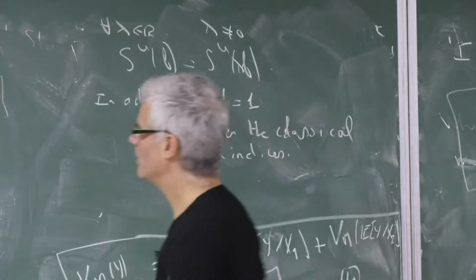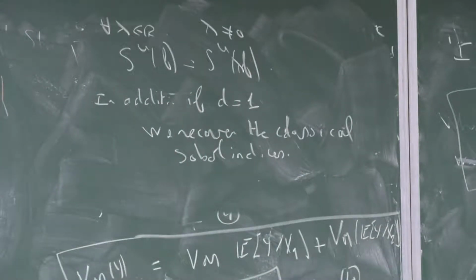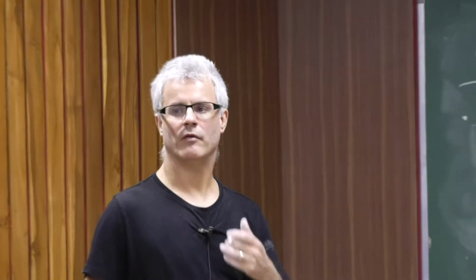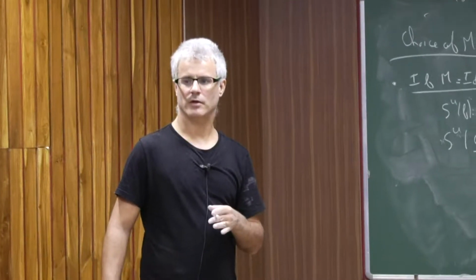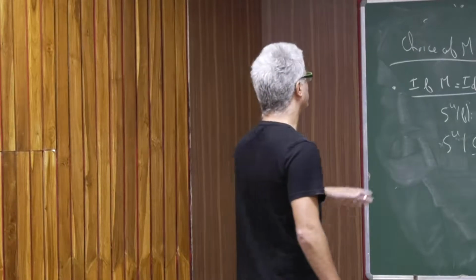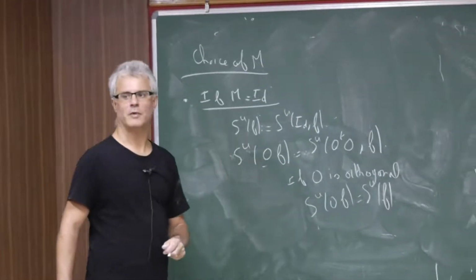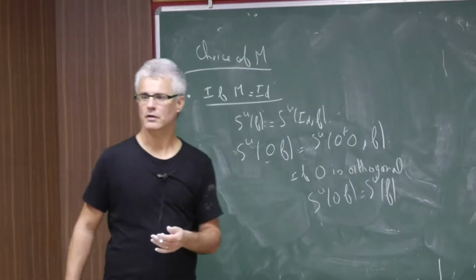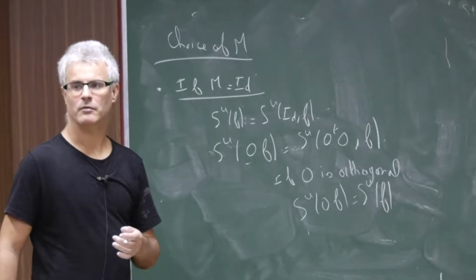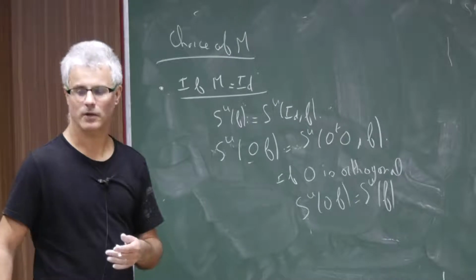And in addition, if you think a little bit, and if you take t equals 1 in all this formula, you exactly recover the classical Sobol indices. But for M equal to identity, we have a really nice generalization of the Sobol indices. So the question is now, can I take other matrices than the identity? What I will prove is that in some sense, the identity is the only choice possible.